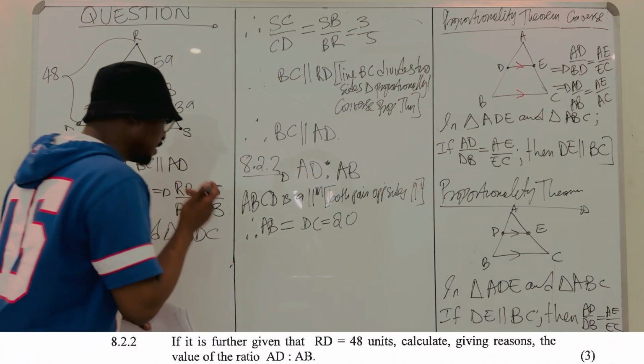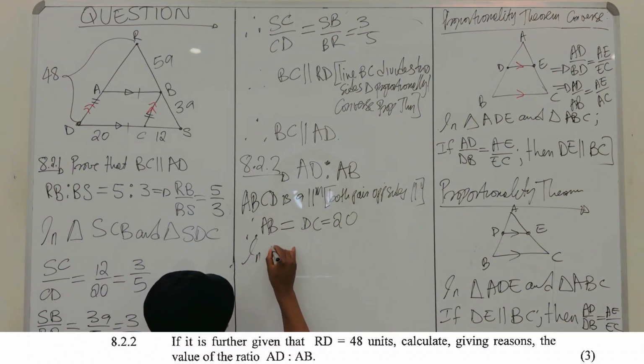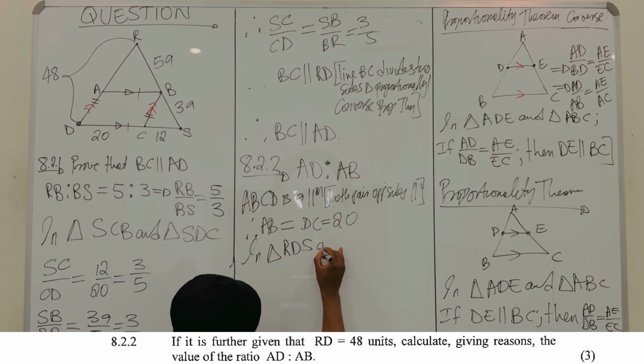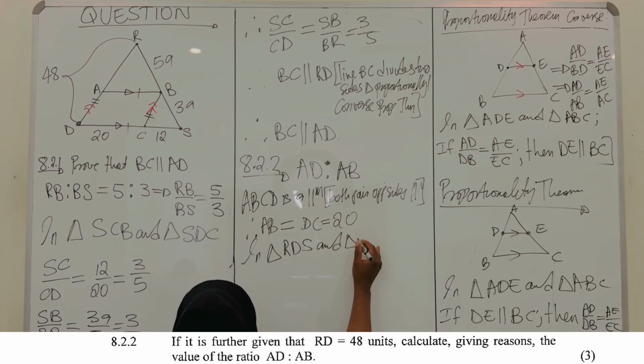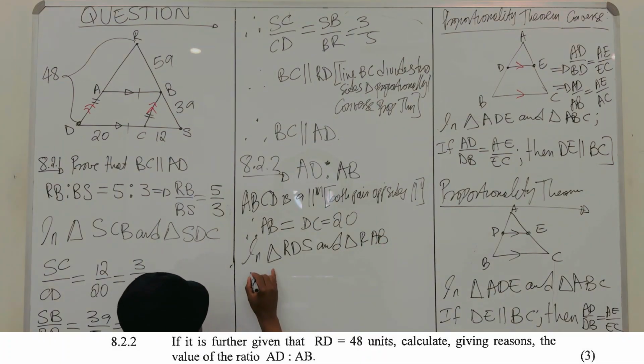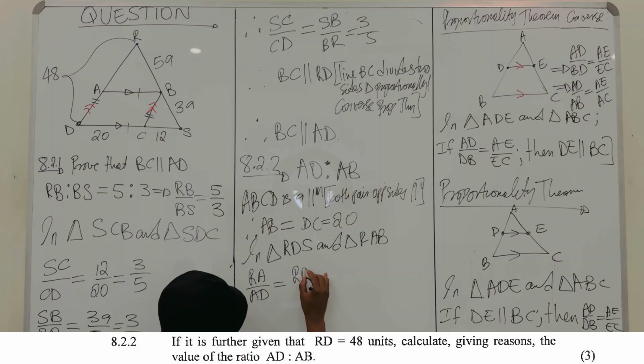Right? So we can say, look, in triangle RDS and triangle RAB, we can say RA over AD is equal to RB over BS.